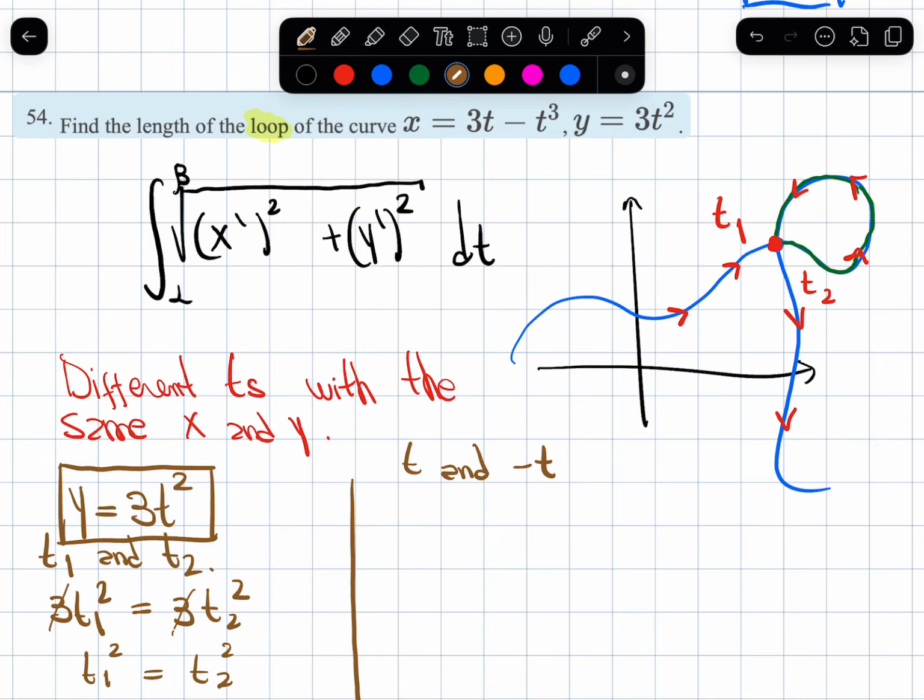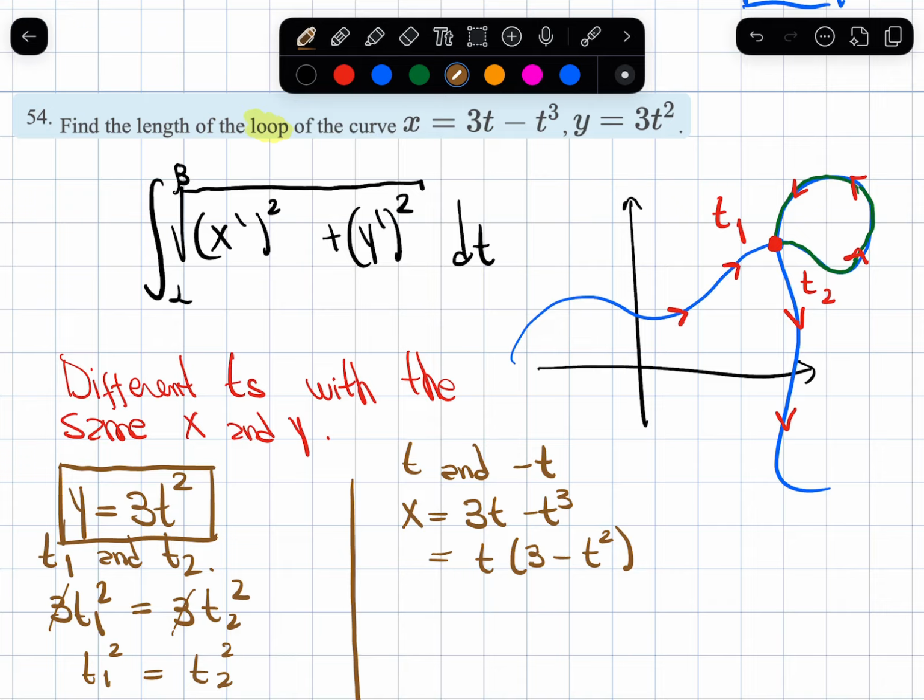I'm thinking t and negative t, so I'm going to go back into the formula and look at it. So you've got to be a little clever sometimes to figure these things out. So again, look at x equals 3t minus t cubed. I could just factor t out if I wanted. And that will be t times 3 minus t squared, like this.